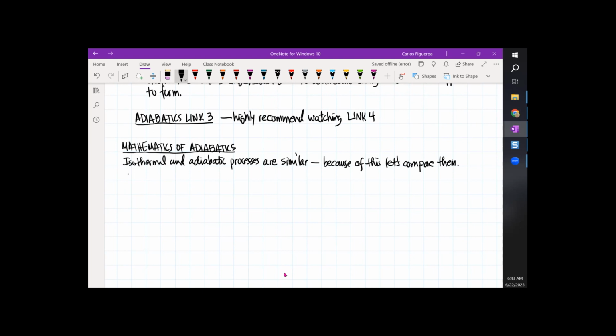So for starters here, I know that isotherms at the macroscopic level show that the temperature is constant, which then implies that we have our isothermal condition, which says that pressure times volume is a constant.